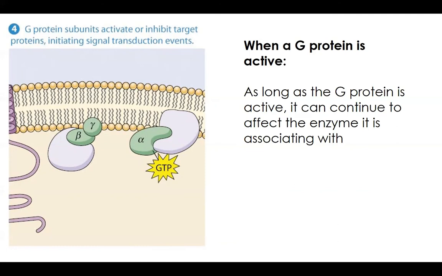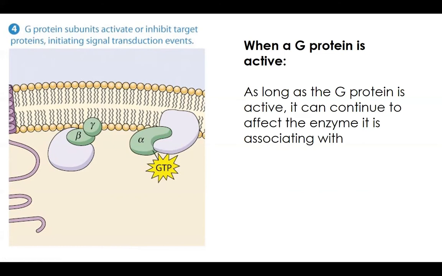Again, it's still a mystery because we haven't talked about what this could be yet. But now this alpha subunit that's active is going to be affecting this enzyme somehow, either activating it or inactivating it, and there can be a couple of different options for what this enzyme is. So we don't really know what the response will be.